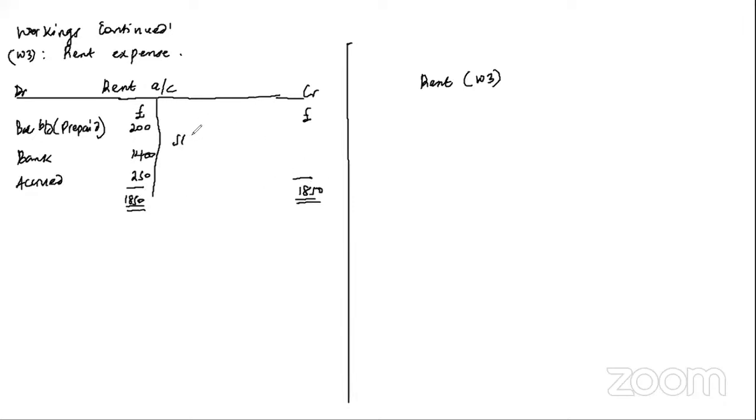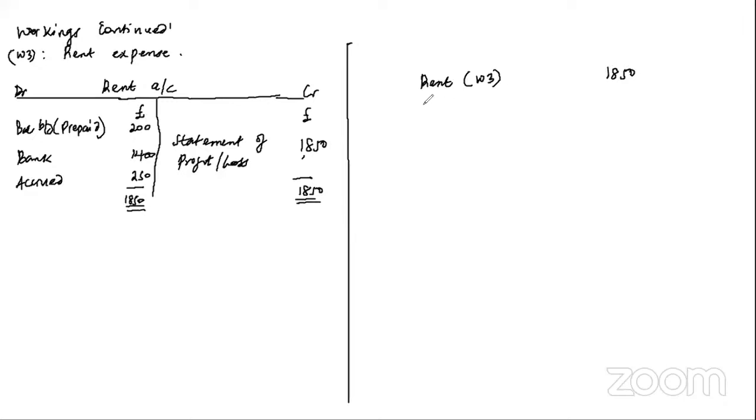So in your statement of profit or loss, we take that as the expense. So rent, we have 1,850. That's our rent. Wages, you already have.